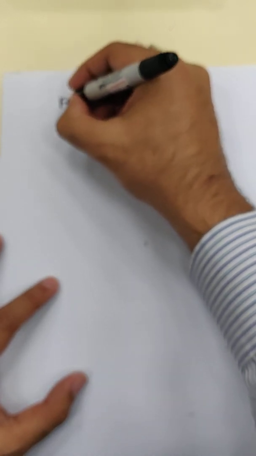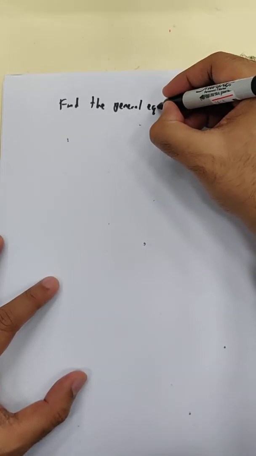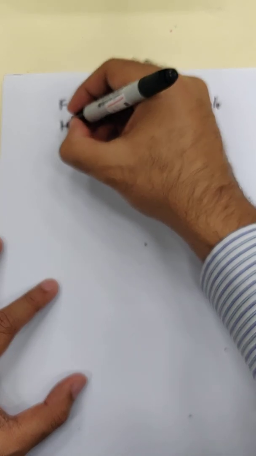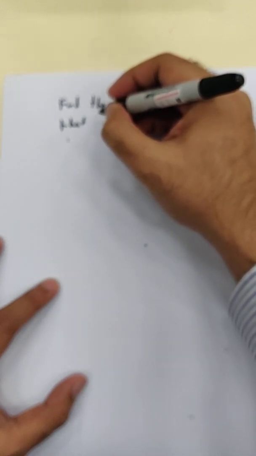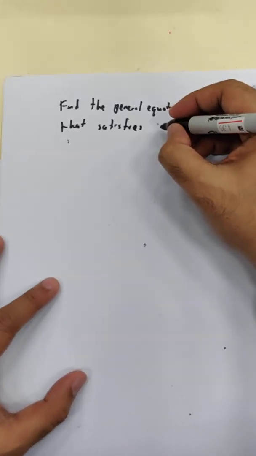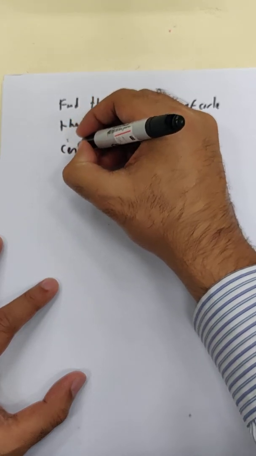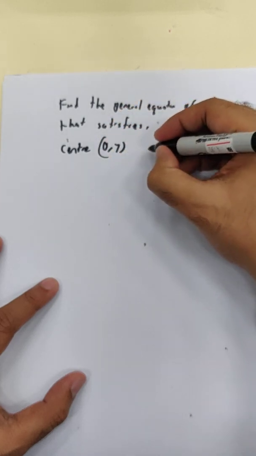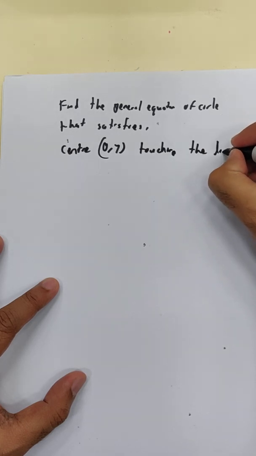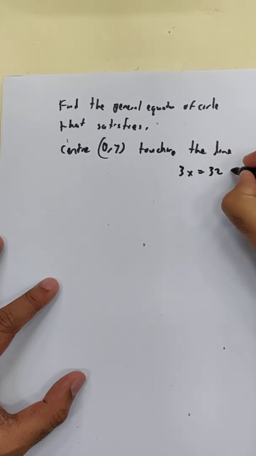They say find the general equation of circle that satisfies which the center is at 0, 7 and touching the line 3x equals to 32 plus 4y.